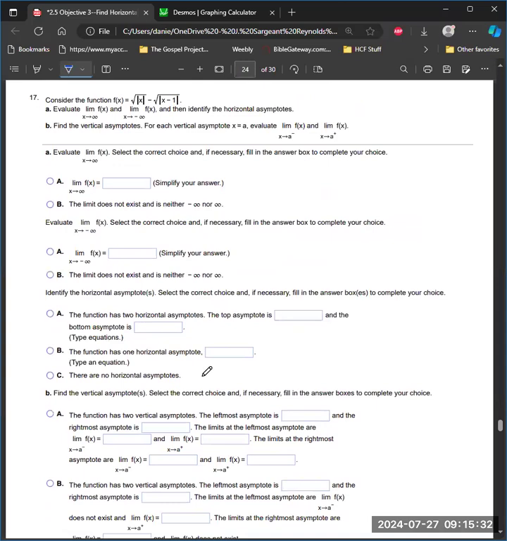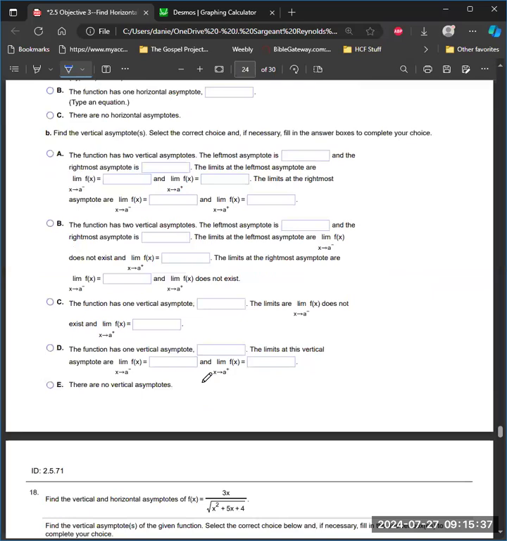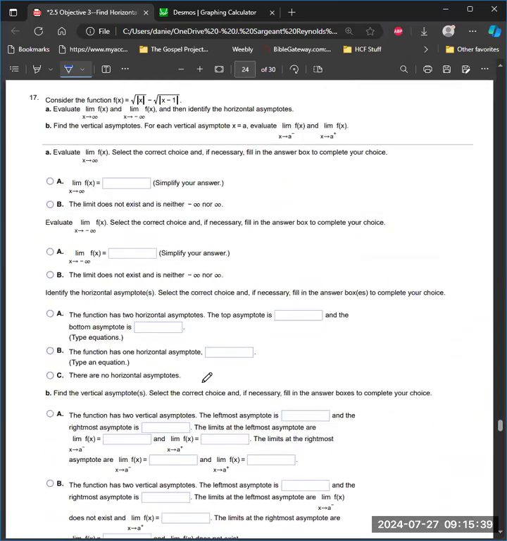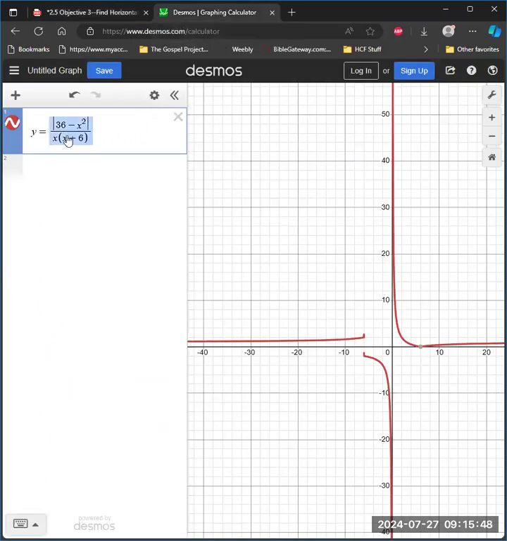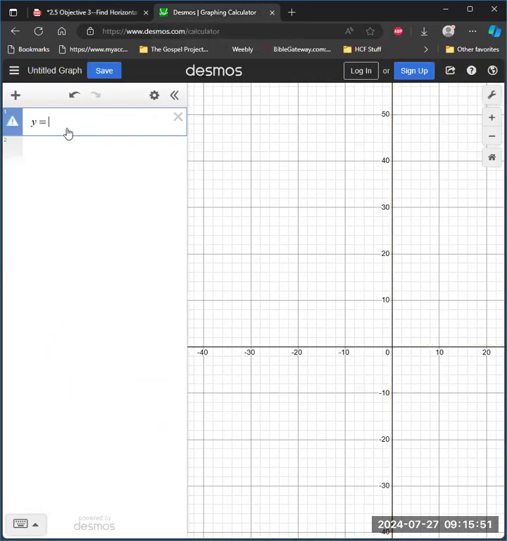Sometimes the best thing to do with these is just to look at them in a graphing calculator, and that's why some of these will even say that they're technology questions. And do that here. Square root of the absolute value of x minus square root of the absolute value of x plus 1. Square root of the absolute value of x minus square root of the absolute value of x minus 1.